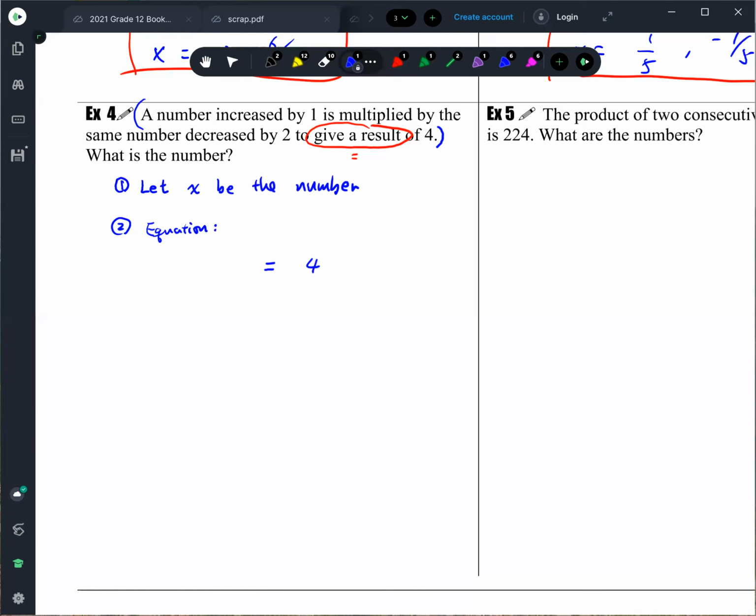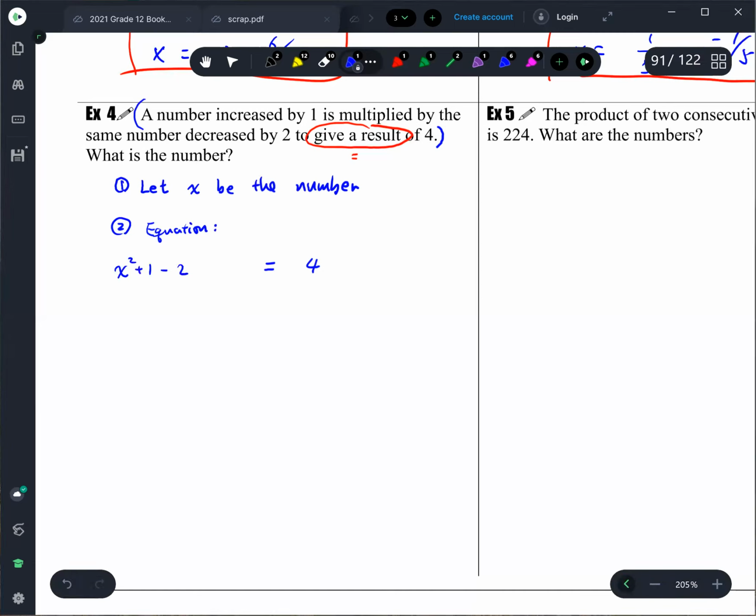Isabella, what do you have on the left side? I have x squared plus 1 minus 2. Where did you get that from?